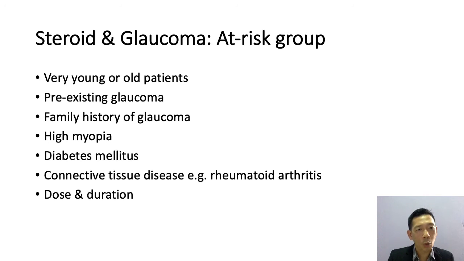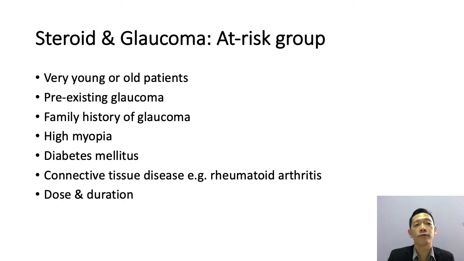And definitely, dose and duration are one of the key points for the development of steroid-induced glaucoma. So generally speaking, if the patient has none of the risks mentioned above, but the use of the steroid is more than 10 days to 1 week, monitoring for glaucoma development is mandatory, and you need to refer them to a facility able to check their intraocular pressure.